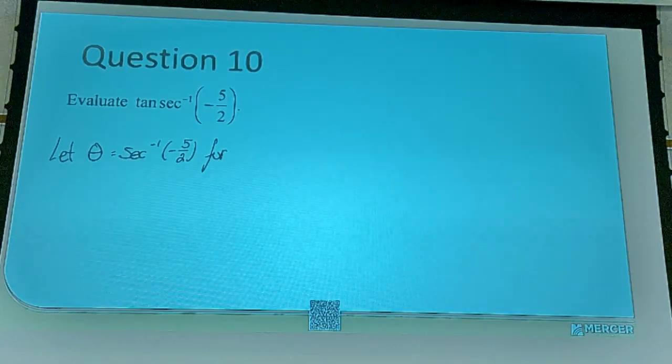What is the range of inverse secant? 0 to pi over 2, union pi over 2 to pi, not including pi over 2.